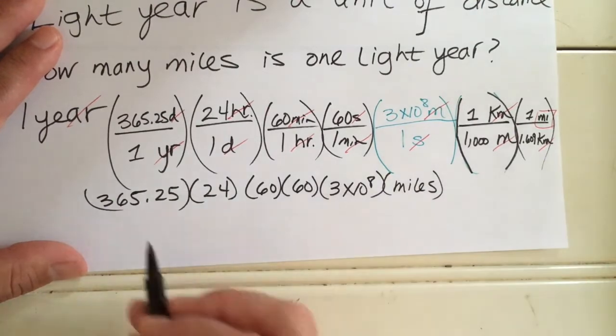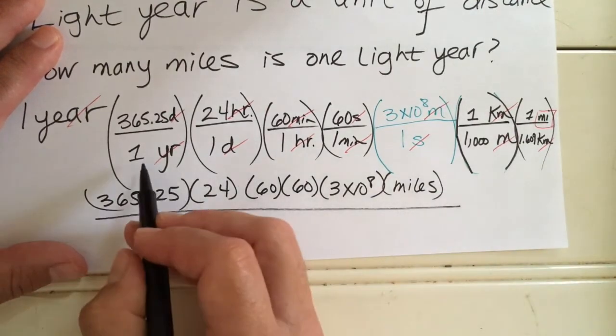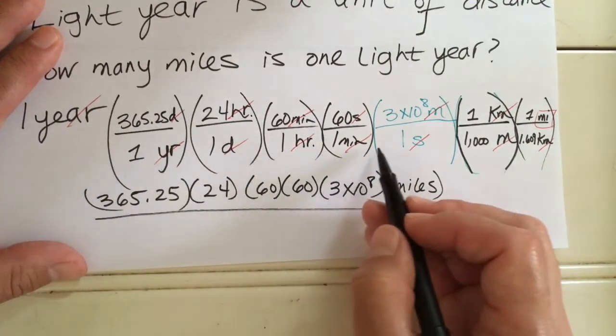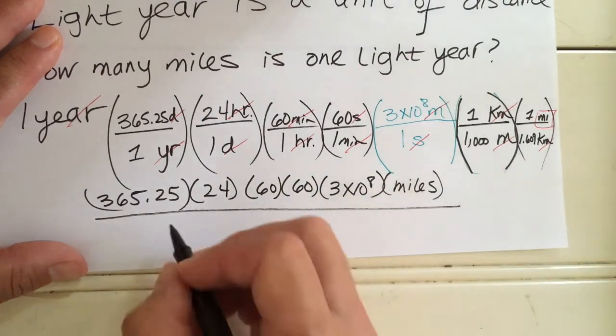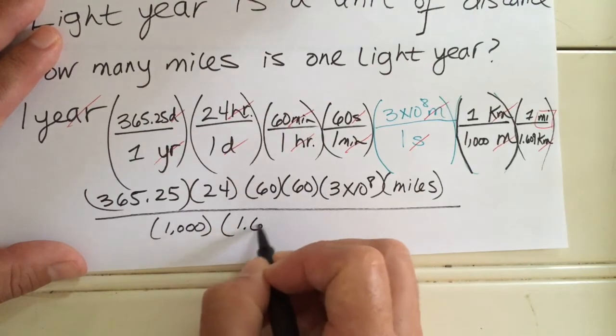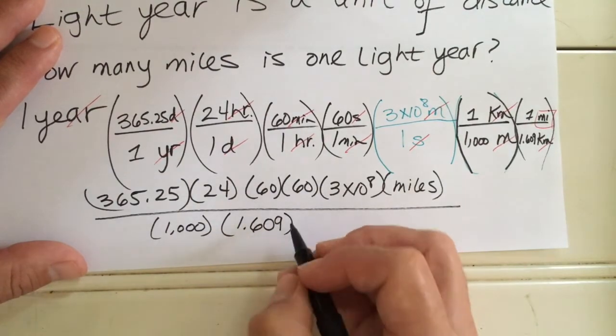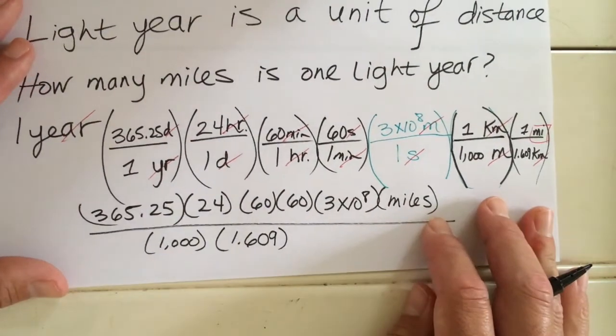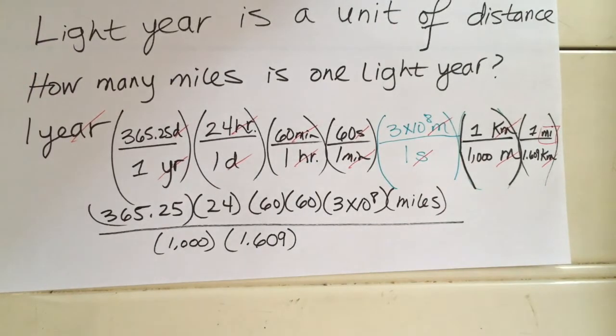I could have drawn MI. All right, on the bottom, 1,000 times 1.609. And that's it. All right, so let's go ahead and simplify this, right?